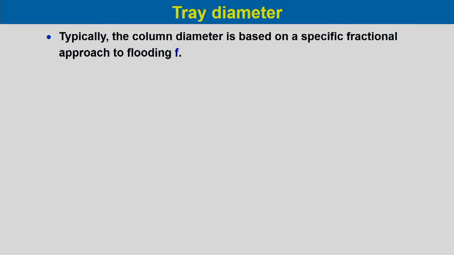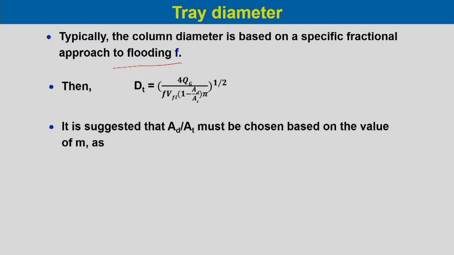Typically, the column diameter is based on a specific fractional approach to flooding. So, with fractional approach to flooding F, we can write the column diameter d_T equal to (4 Q_g divided by (F times V_FL times (1 minus A_D/A_T) times pi)) to the power half.